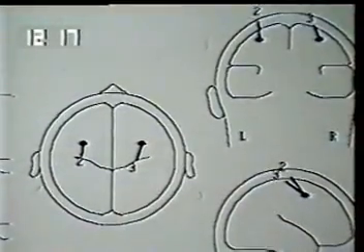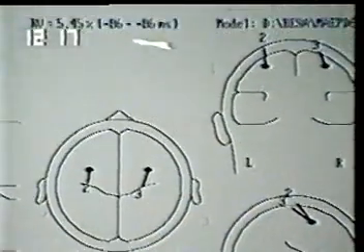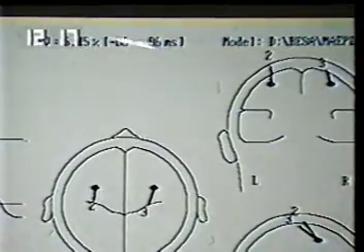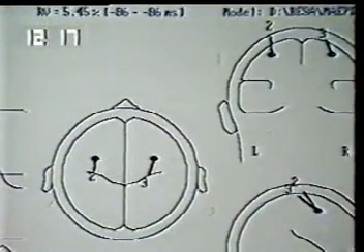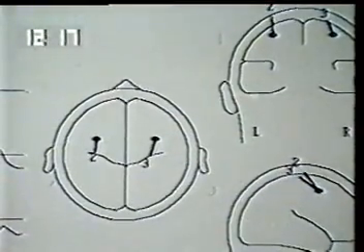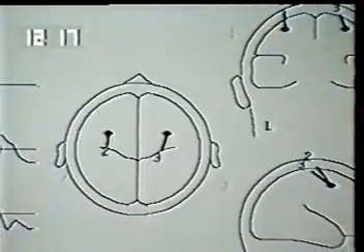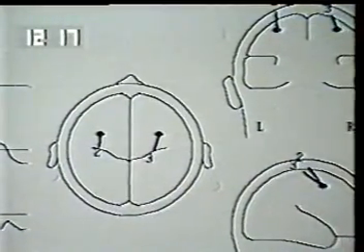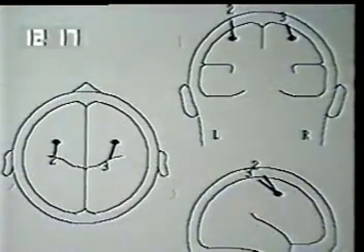Now, if one looks earlier on, and here we're fitting at about minus 86 milliseconds at this particular point, one can't find a single dipole that will fit well, but there are two dipoles that fit, and in this particular model we have constrained these two dipoles to be in symmetrical places in the two hemispheres.